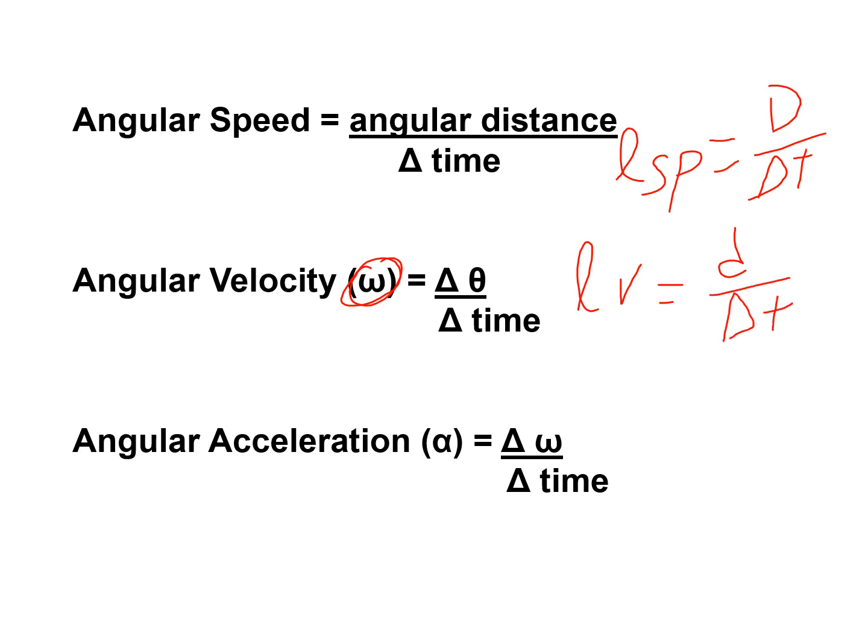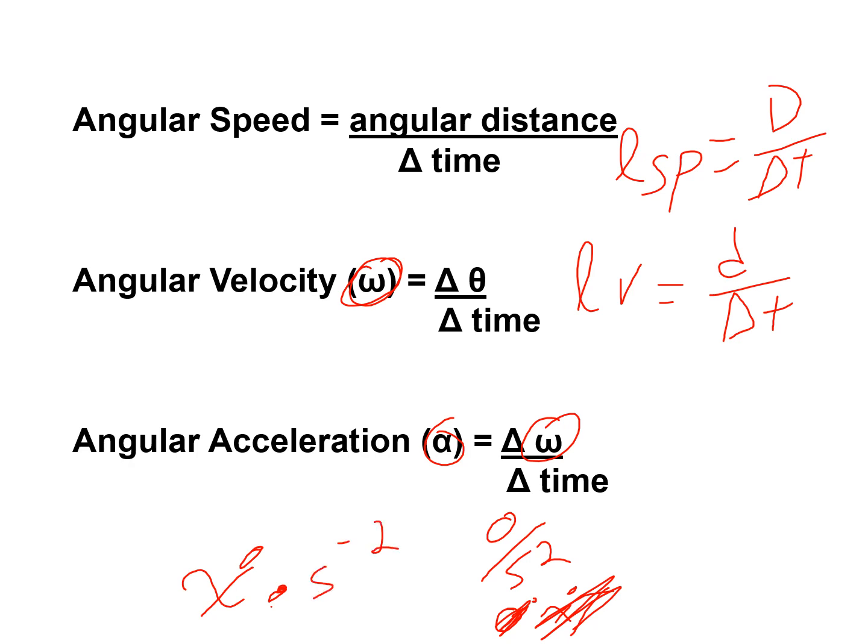And then we have angular acceleration, which is alpha. And this is simply a change in angular velocity, which is omega, over a change in time. And so this would be degrees per second squared, or you'll see it written out like this, degrees per second to the -2, which is the same thing.